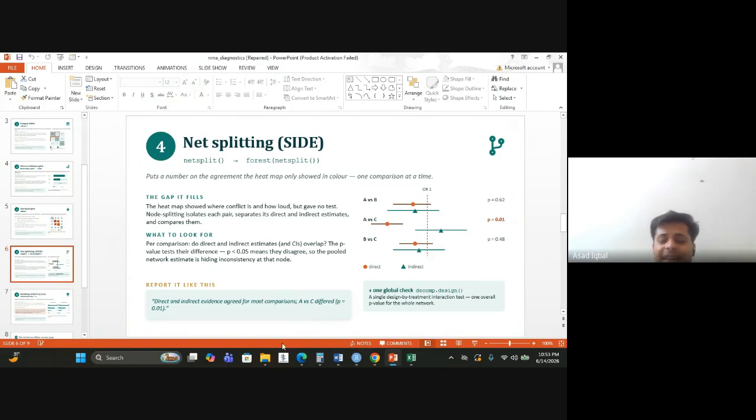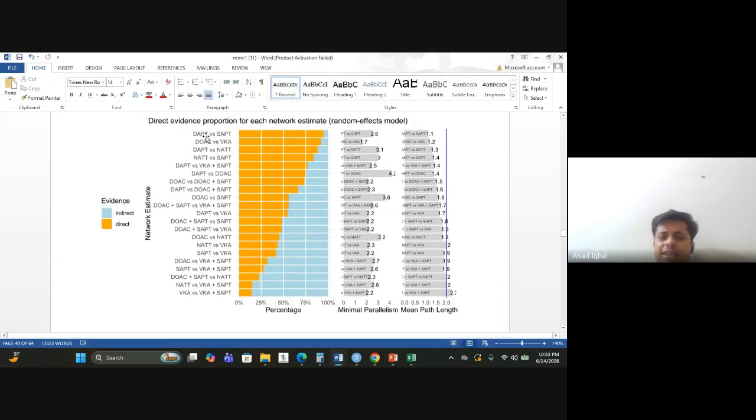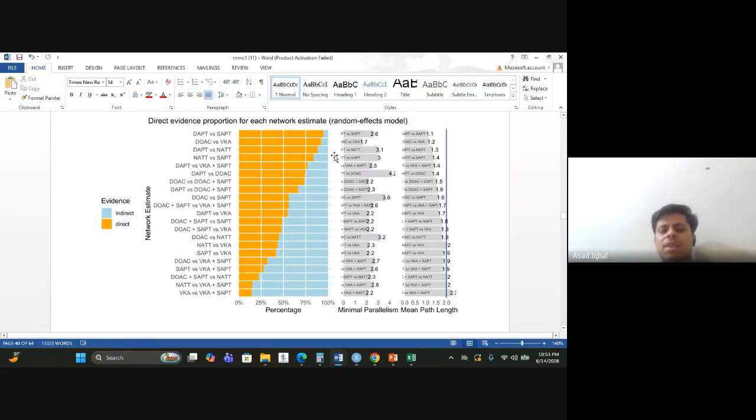As I said to you, for example, if you look at this, DIPT versus SAPT, more than 75% you got by direct, and about 10-15% you got by indirect. So there are some estimates which you got by direct, some which you got by indirect.